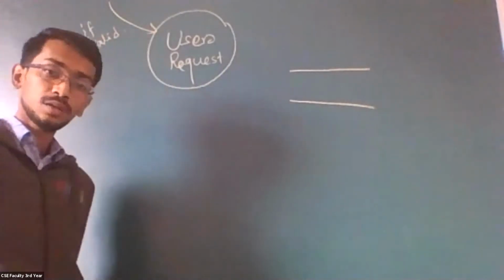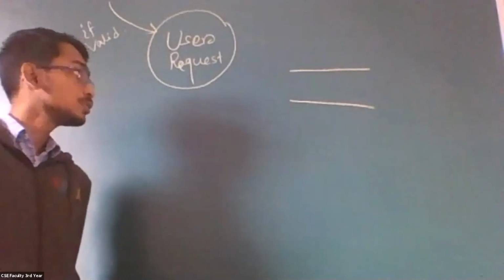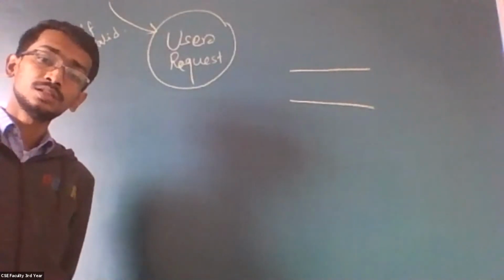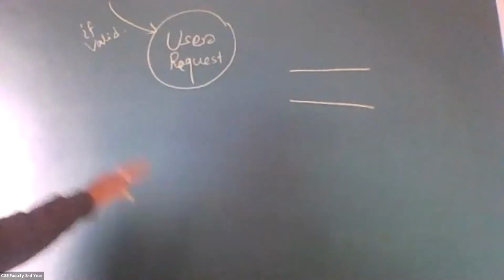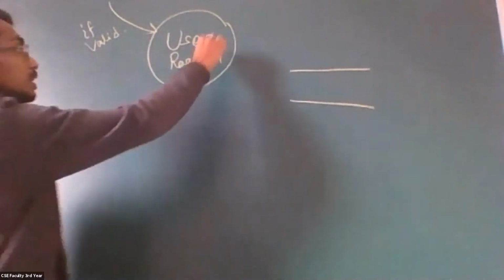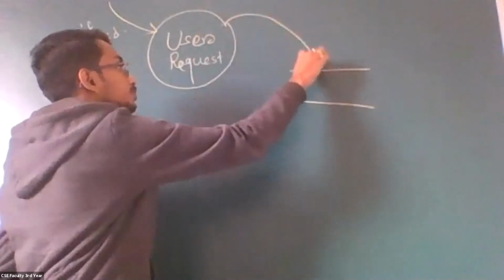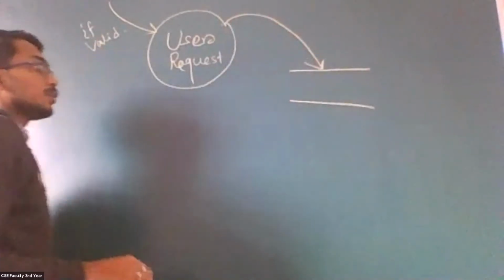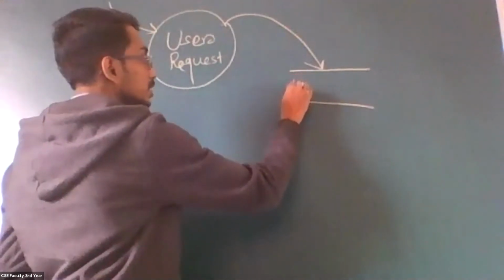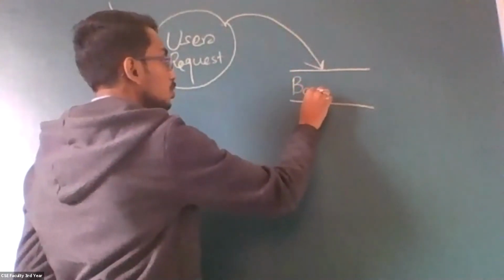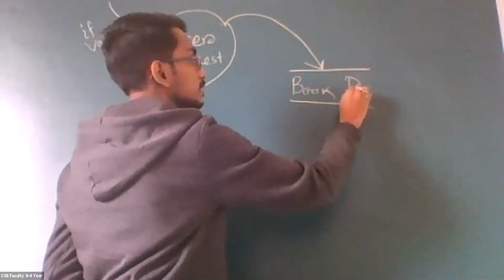If we want to return the book, then also we have to put the information into the database. So what kind of request is our user making here? We need to put the information into our database, and the database is about book details.